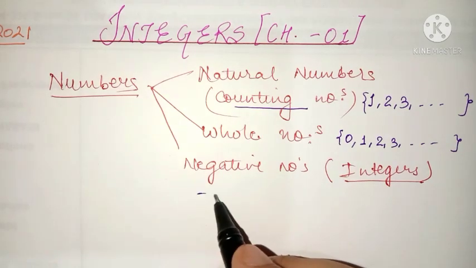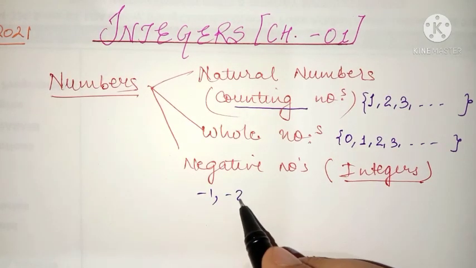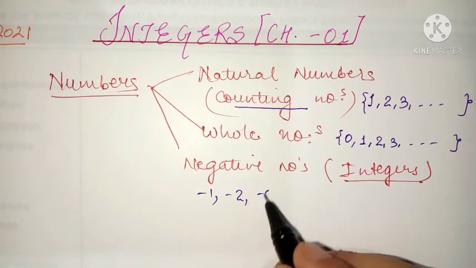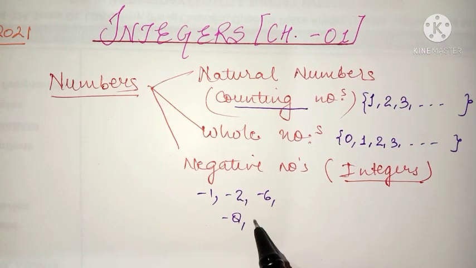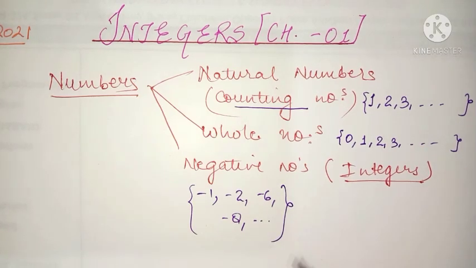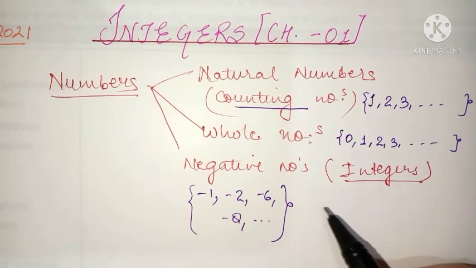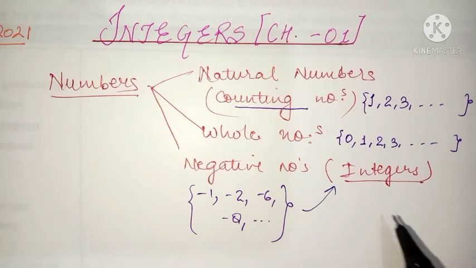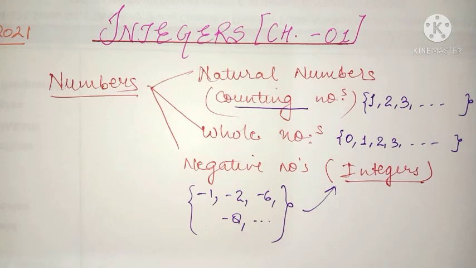We just apply the minus symbol and write numbers like -1, -2, -6, -8 and so on. There are infinitely many negative numbers, and therefore you had an idea about what integers are. So there you have studied what integers are.